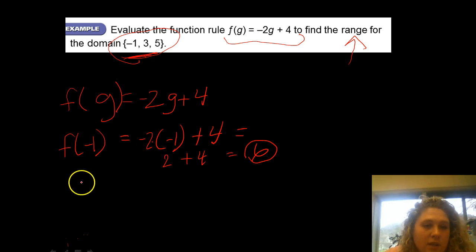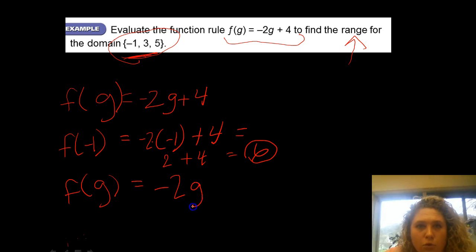Your next example is f of g. It's the same rule, same function rule, so you could rewrite that. And then the next value is g equals 3. So plug in your g value of 3 whenever you see it.